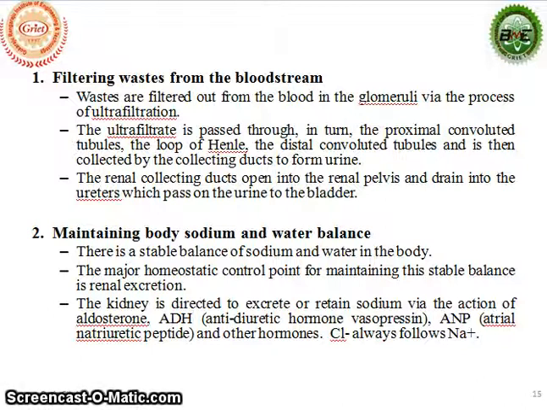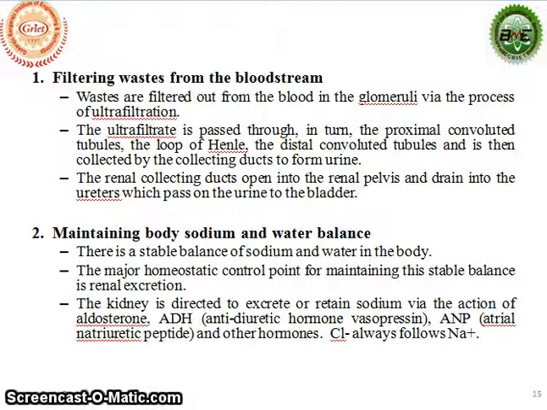The ultrafiltrate is passed through, in turn, the proximal convoluted tubule, the loop of Henle, and the distal convoluted tubules, and is then collected by the collecting ducts to form urine. The renal collecting ducts open into the renal pelvis and drain into the ureters, which pass the urine on to the bladder.